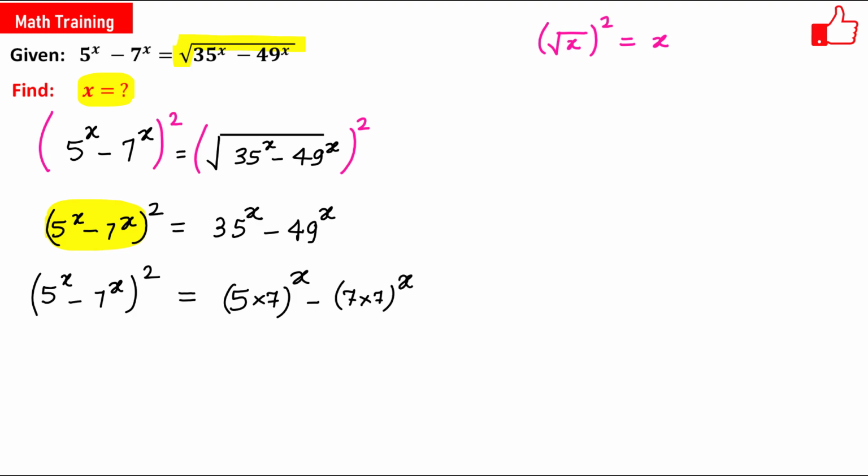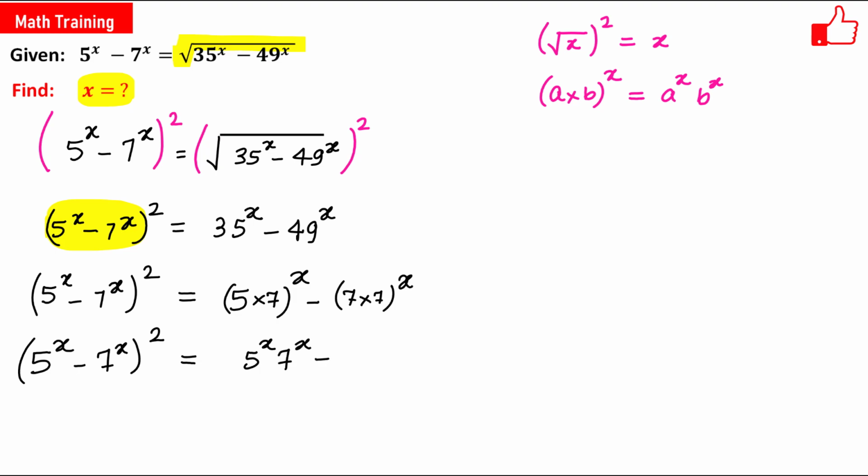Now if you remember the rule, a times b raised to the power x can be written as a raised to the power x times b raised to the power x. So with this rule I can re-express it as 5 raised to the power x minus 7 raised to the power x whole square, and this becomes 5 raised to the power x times 7 raised to the power x minus 7 raised to the power x times 7 raised to the power x.